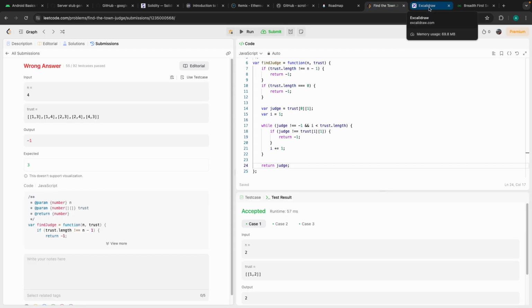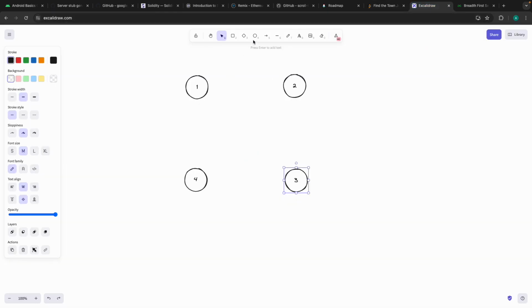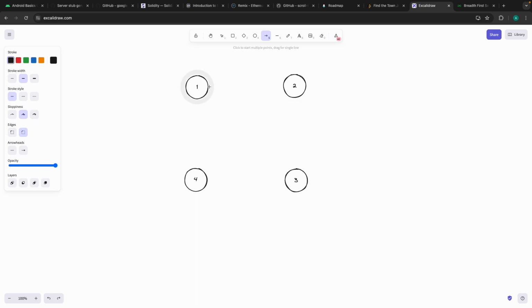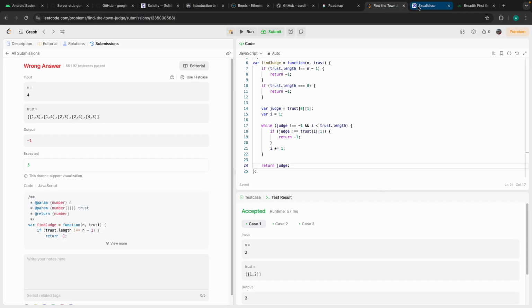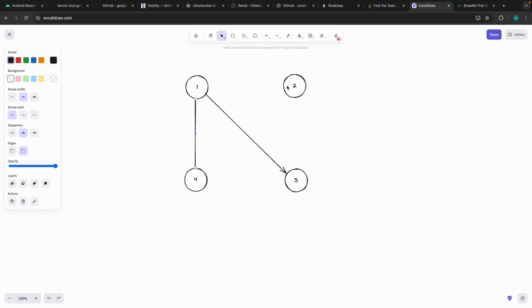The first trusts the third and fourth. The 2 from 2 to 3 and 4.